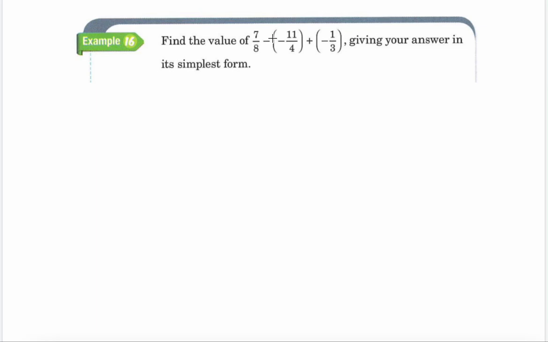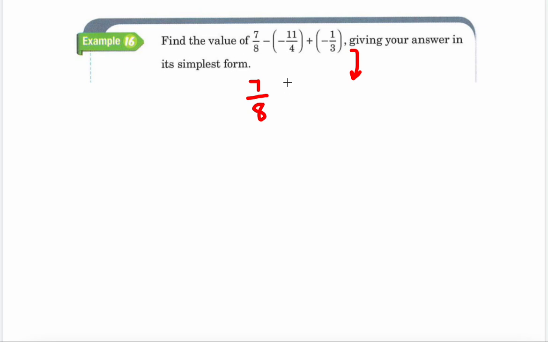All right, there's a lot going on here. But you know what? My first step before I do anything is I'm going to simplify these signs. First off, I have 7/8, and then I have a minus negative 11/4. So I have 2 negatives next to each other.